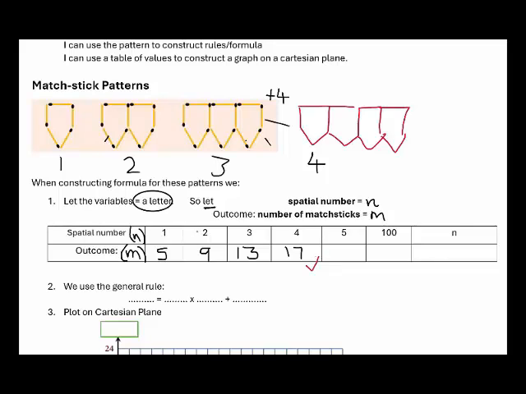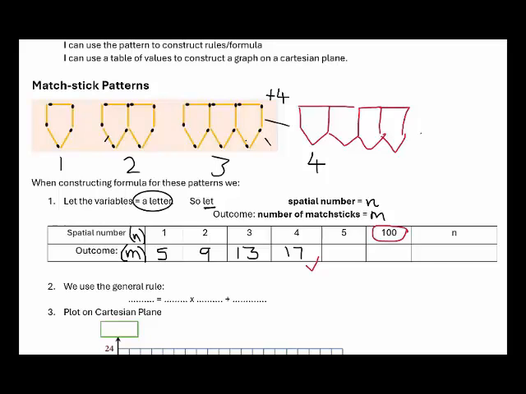All right. So you will draw the next one and put the number in, but what really is important, what if I have an insane amount of spatial patterns or spatial number, like 100? Now, ain't nobody got time for that. We do probably not have enough matchsticks to make 100 little upside down houses.